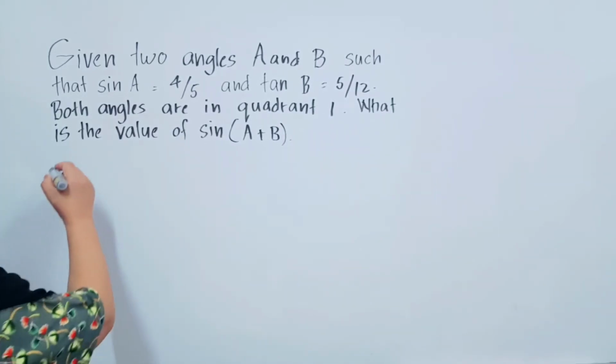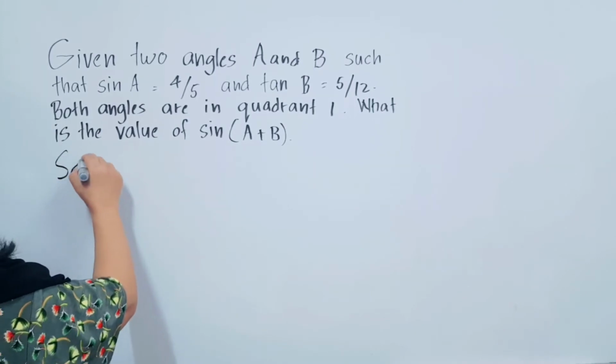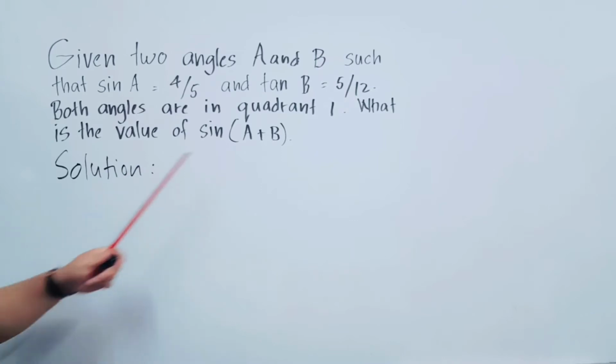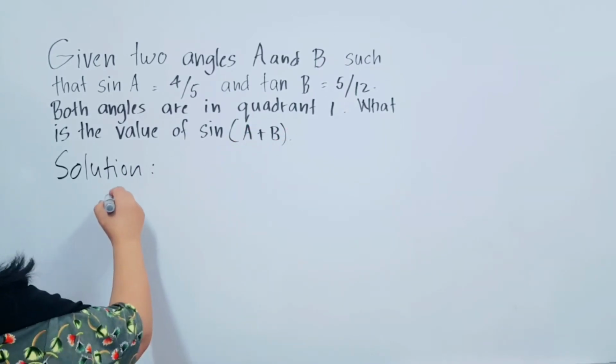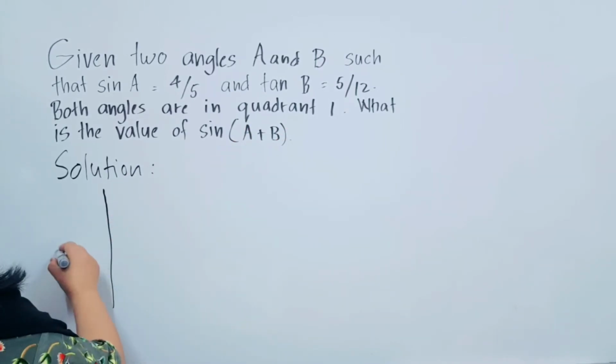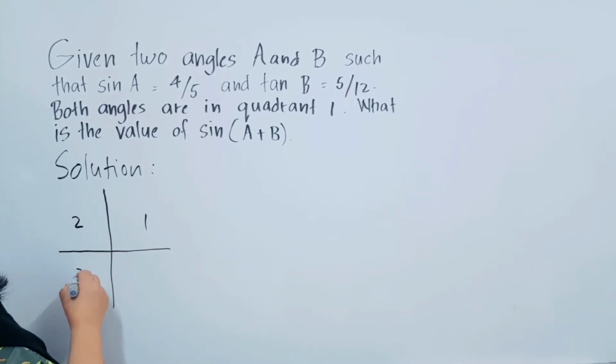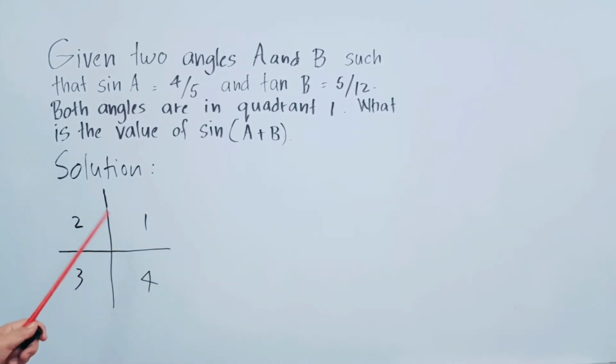Now, to solve this one, of course, when you say quadrant 1, it is like this. This is the first quadrant, this is second, and this is the third, and this is the fourth quadrant. So, both angles are on the same quadrant.